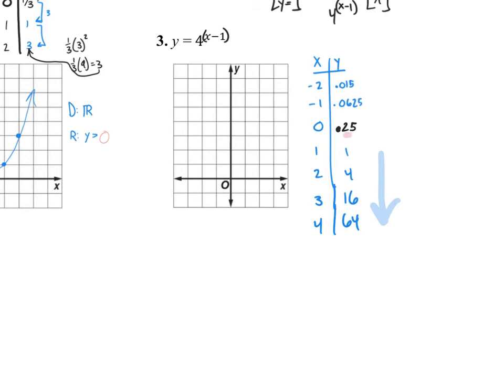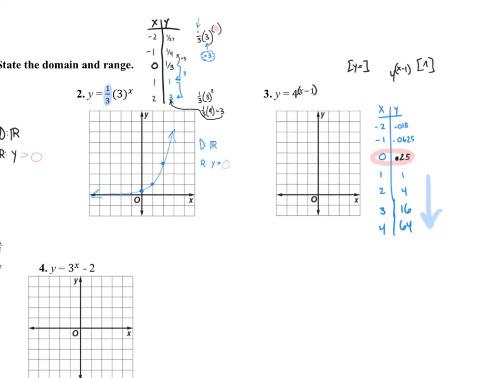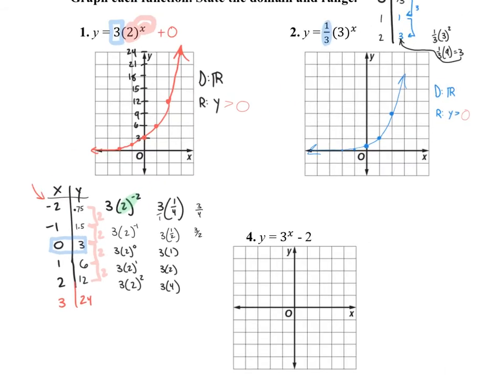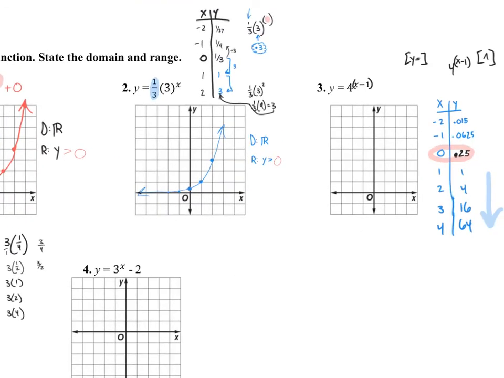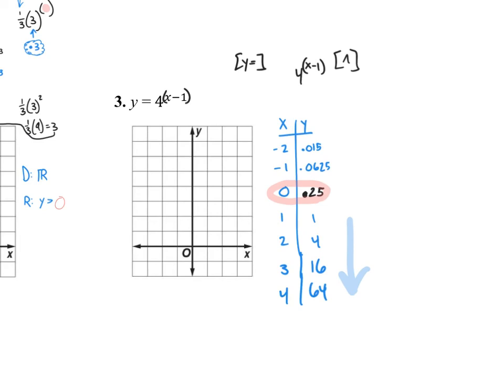Another thing I wanted to mention was the starting point. The bad news on exponential functions is that the starting point, like this 1/3 or this 0, 3, are really only able to be easily found when we don't have any h or k values. H or k values make those harder to track.